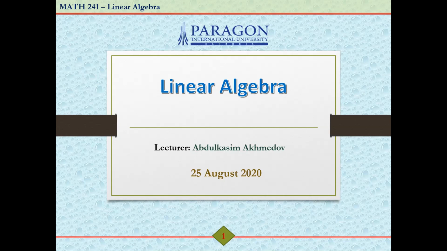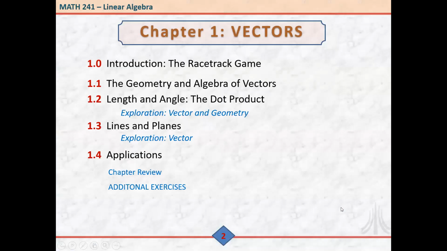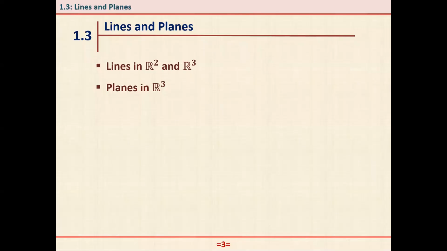Anyway, guys, I hope you had a good rest for the last how many days? Like 9 days. We didn't have class, so we will continue from where we stopped. As you remember, we were talking about vectors and trying to express everything in terms of vectors. That is what we are doing in this chapter. Last time we covered part 1.3, lines and planes.